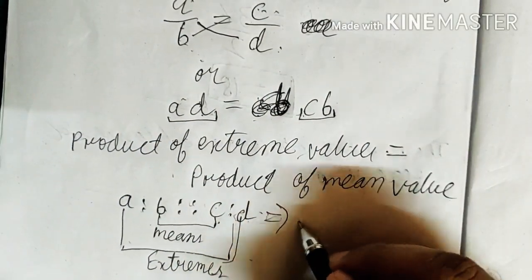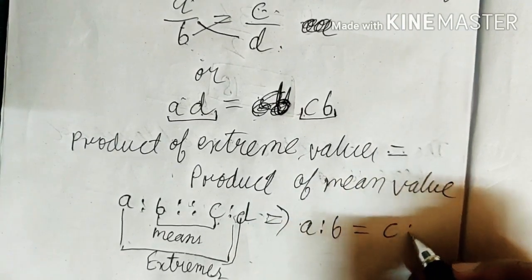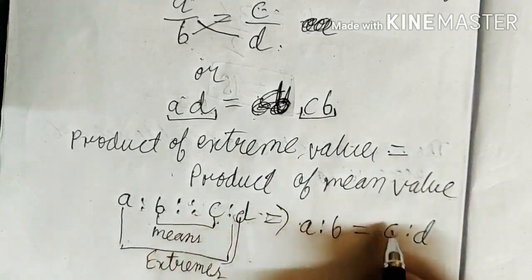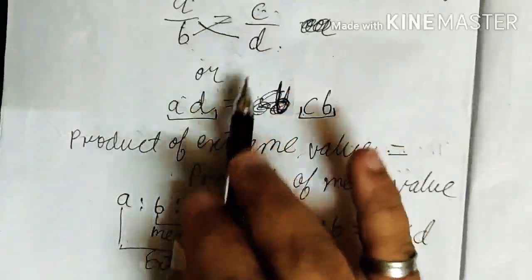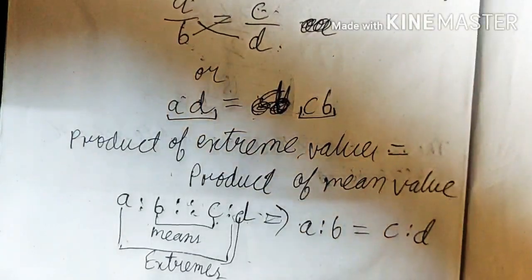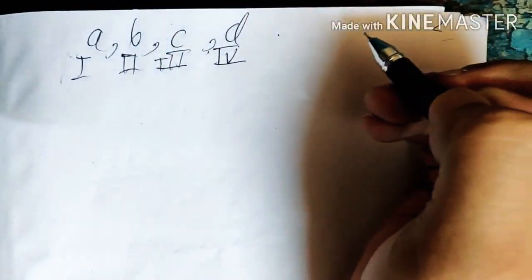This can also be written as A is to B equals C is to D. We can write in both forms. This always means A upon B equals C upon D. Here, if we see that A, B, C and D are in proportion, this was first, second, third and this was fourth. These are the four values.